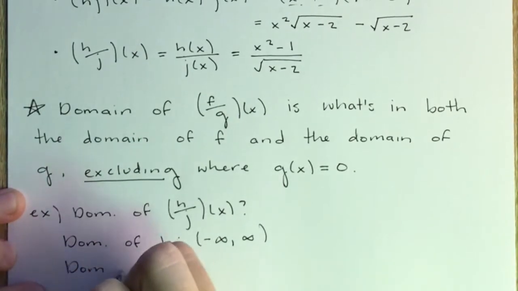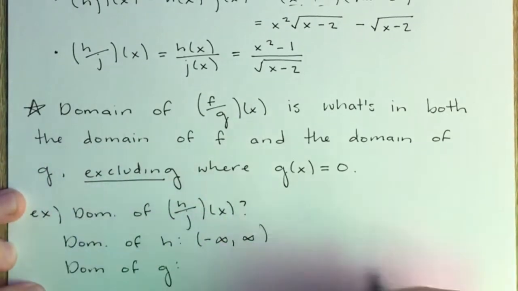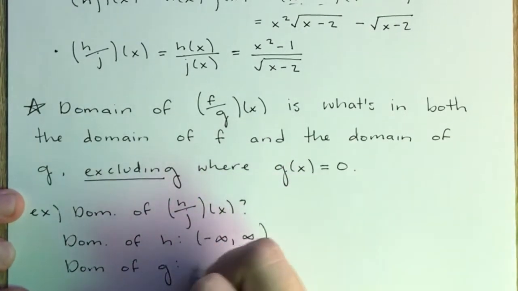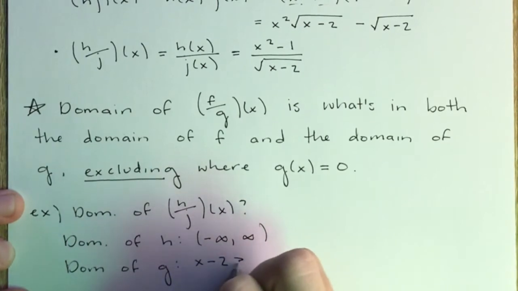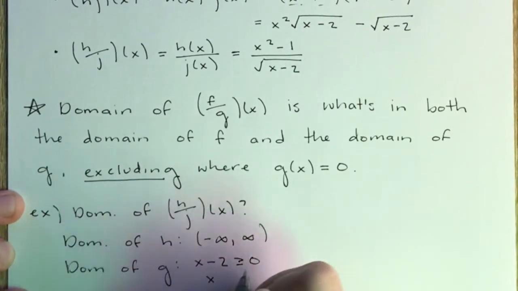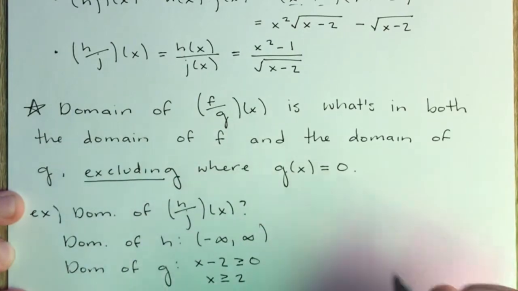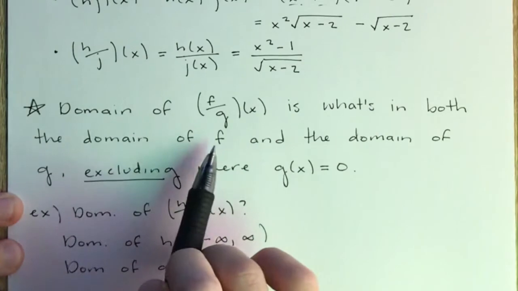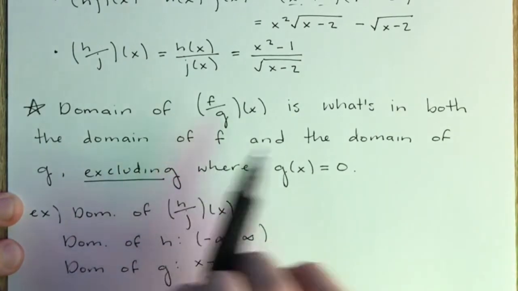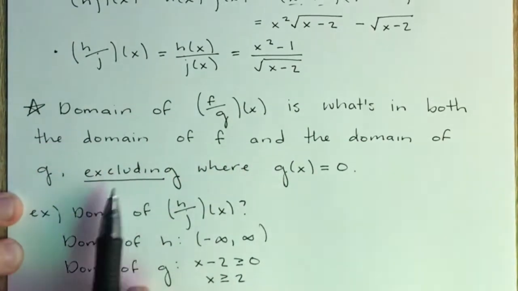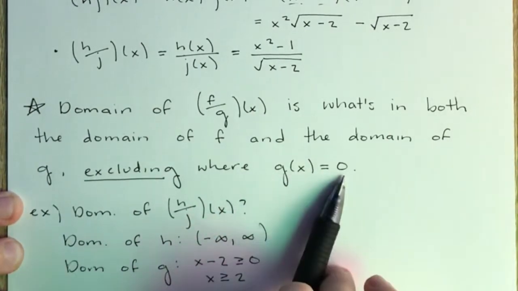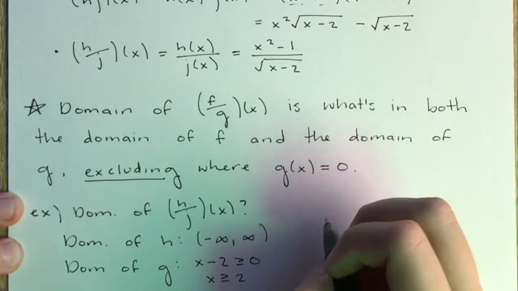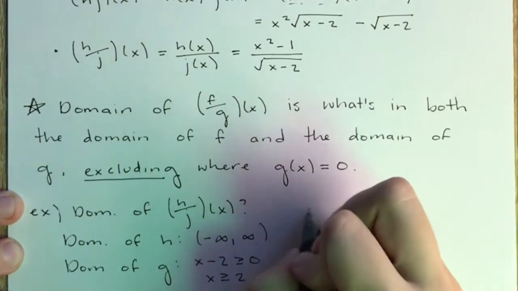What's the domain of j? Well, j was the square root of x minus 2, which means that we need to set what's underneath the square root greater than or equal to 0. We end up getting x is greater than or equal to 2. So we found what's in the domain of our top function and what's in the domain of the bottom function. Now we need to figure out where the denominator function is equal to 0. So where is the square root of x minus 2 equal to 0?